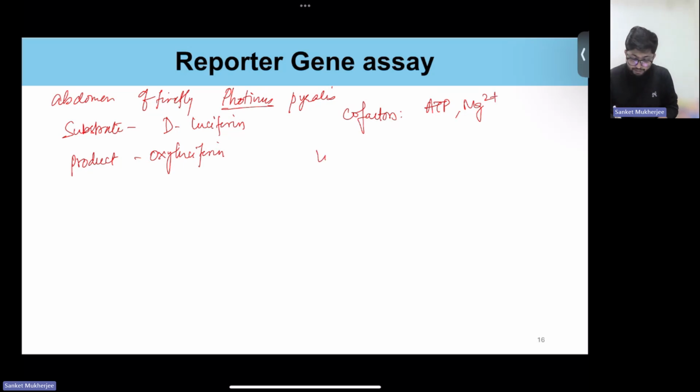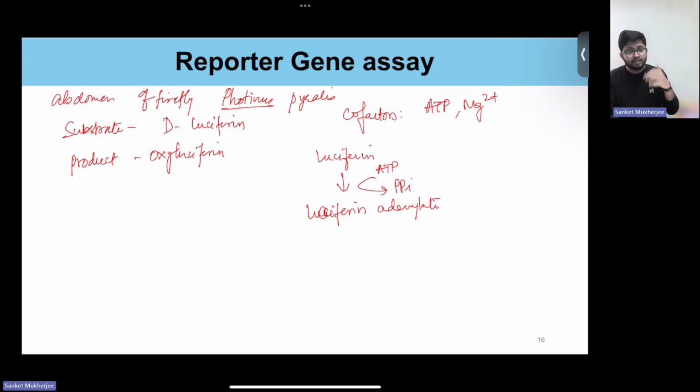So if we look at how it works, luciferin converts to luciferin adenylate using ATP, right? It's usually a kit-based assay when done commercially. If ATP is not present, it might not work.